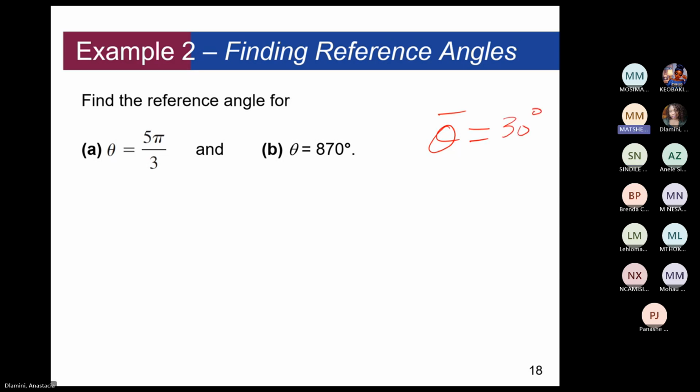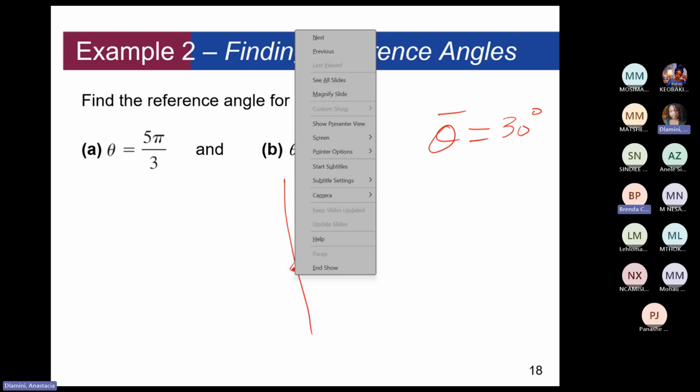Yes, ma'am, because 870 minus 720 gives us 150. Then we subtract it from pi. Okay, let's see, and we have 30 as our reference.